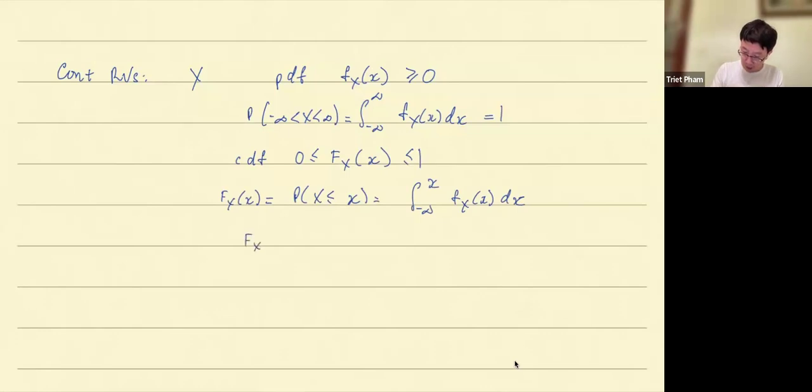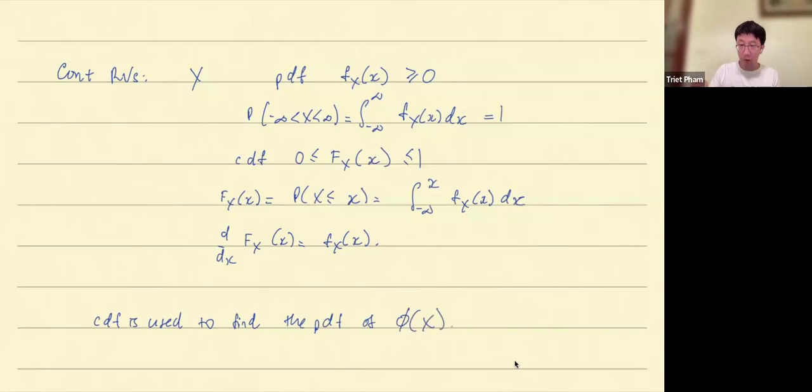And if you differentiate the CDF, you get a PDF. So the CDF is used, one of the main uses is to find the PDF of a function of the random variable x.